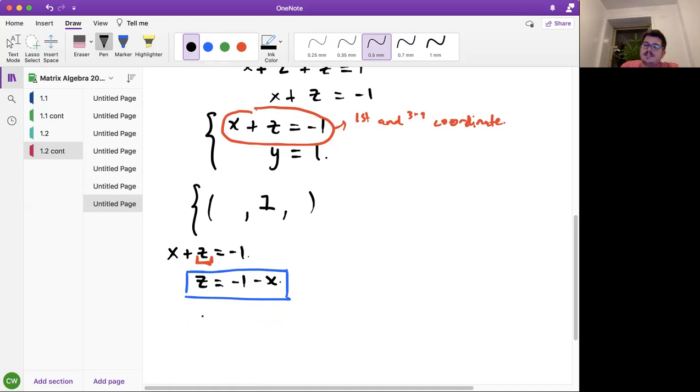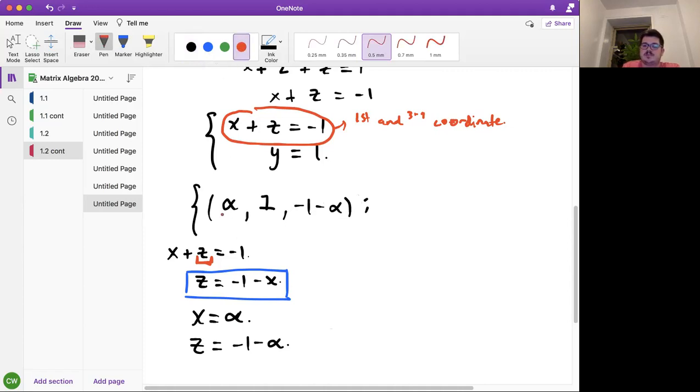Let's say x can be anything. What is the restriction on the third variable if x is whatever you want it to be? -1 minus alpha. So let's make that the solution. x can be whatever you want, as long as the third coordinate is -1 minus alpha.